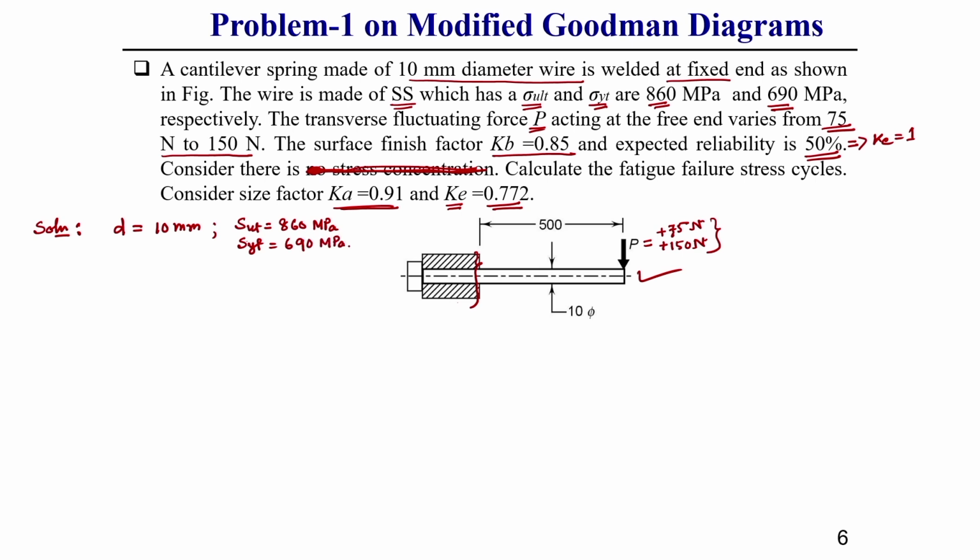Then the load value is given as P max is 150 Newton, P min is 75 Newton.